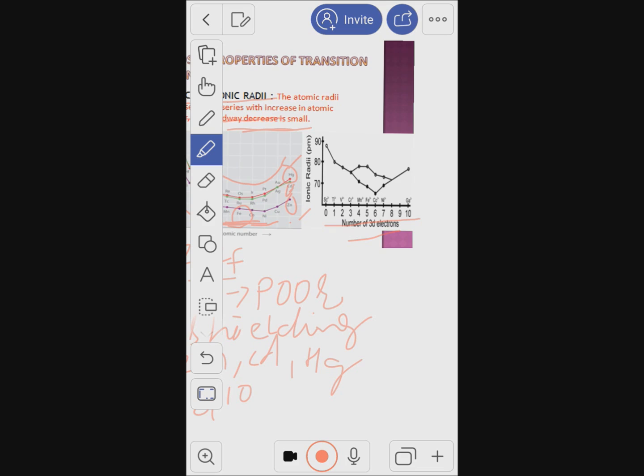This is also due to the increase in effective nuclear charge. As the effective nuclear charge increases, atomic and ionic radii decrease. And this other line represents the other oxidation states of the elements.